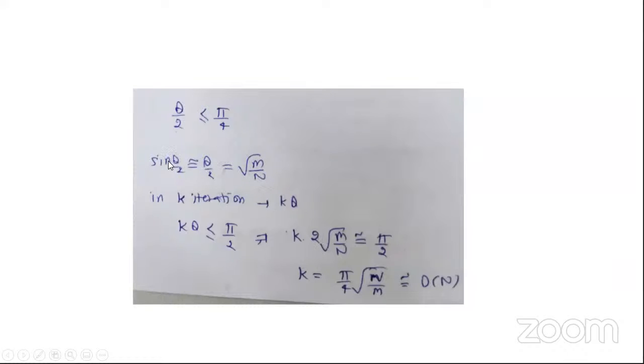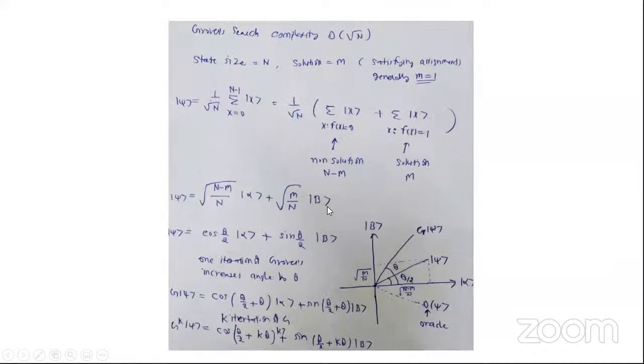What we want here is that theta by 2 is generally towards this axis only. So theta by 2 is always very small and much less than pi by 4. Initially this vector is towards the alpha axis, because almost all states are non-desired and consist of alpha, and only one or few states are desired. So theta by 2 is initially very small and we want to increase it.